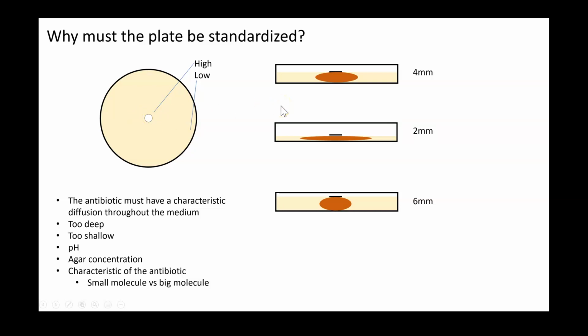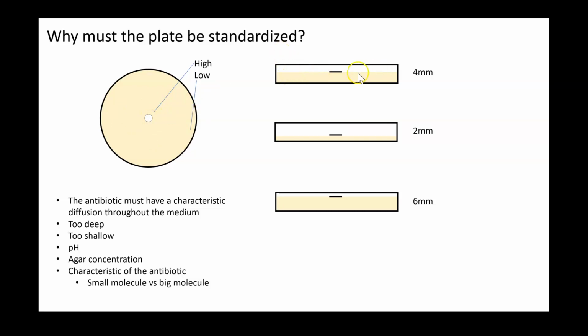Let me pause this and animate something. Okay, cool. Let's talk about the antibiotic disc first. We're going to saturate it with a certain concentration of our antibiotic of choice, whichever one we're studying. If we were looking at this from the top, we would see just a small white paper disc on top of the agar.